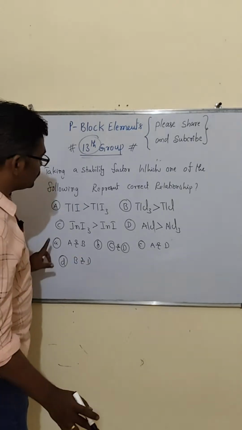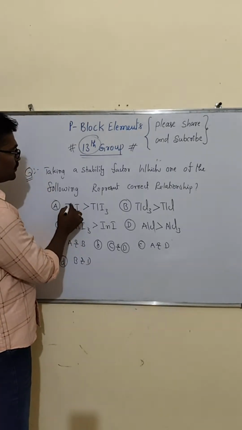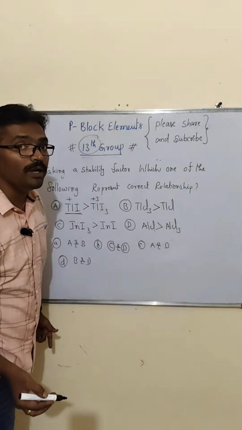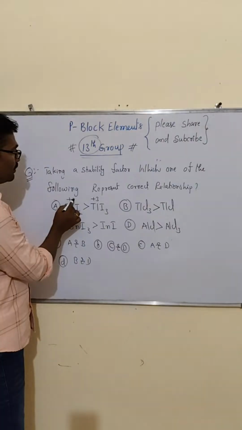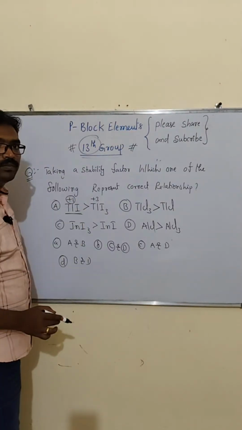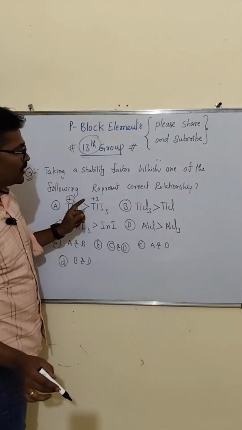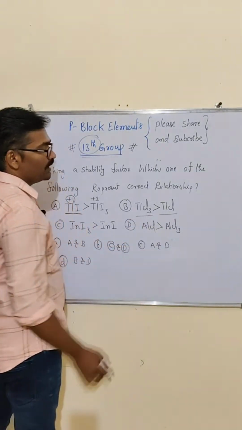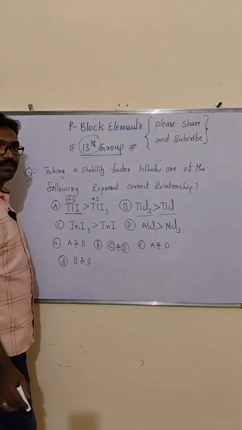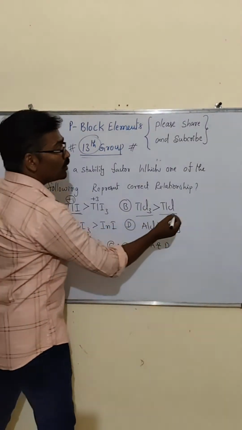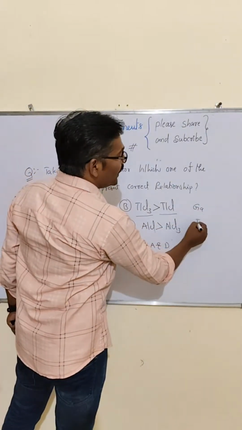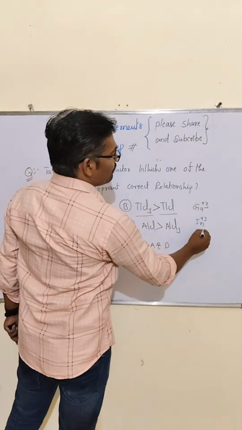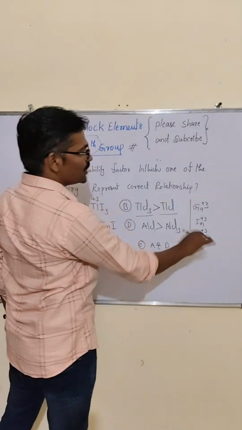So look here, which are correct. Tl plus 1 and plus 3 oxidation states: if you observe the stability order, plus 1 is more stable compared to plus 3, right? Then TlCl3 and TlI3: from gallium, indium, thallium, plus 3 stability decreases.